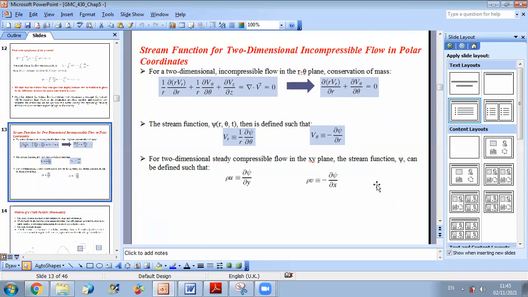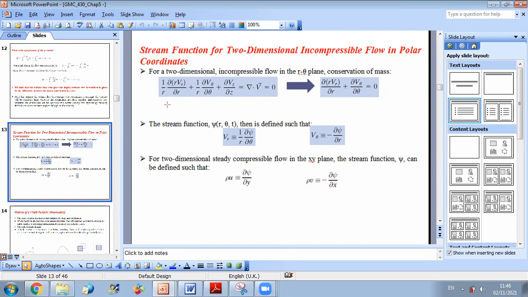As we define stream functions in Cartesian coordinates, we can also define them in polar coordinates, and then we will have the following: 1 over r del (r Vr) by del r plus 1 over r del V theta by del theta plus del Vz by del z equals 0. This gives you the equation of a 2D incompressible flow in the r theta plane.